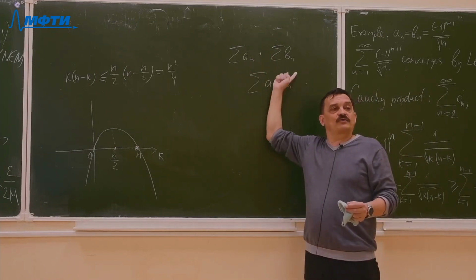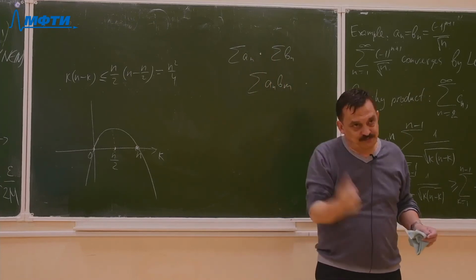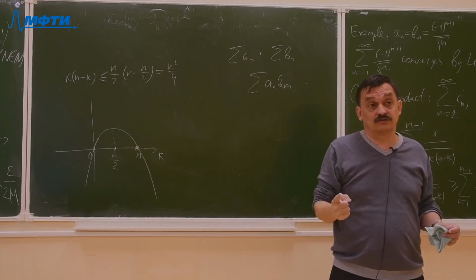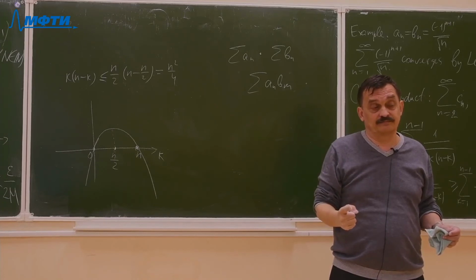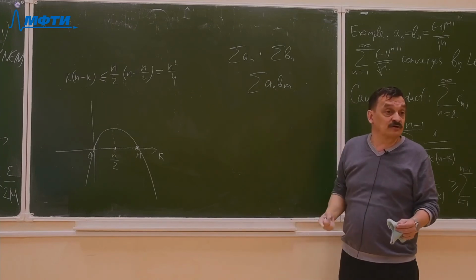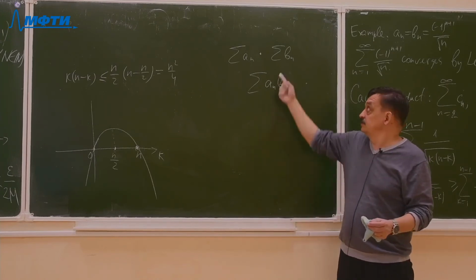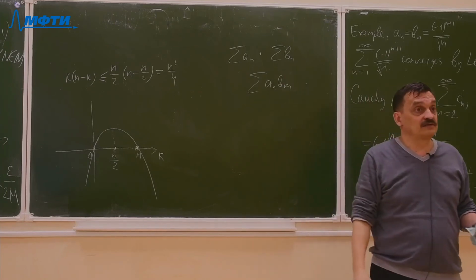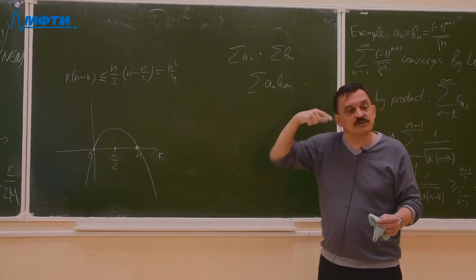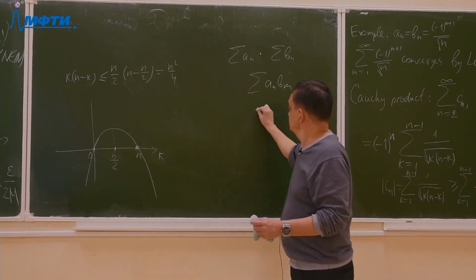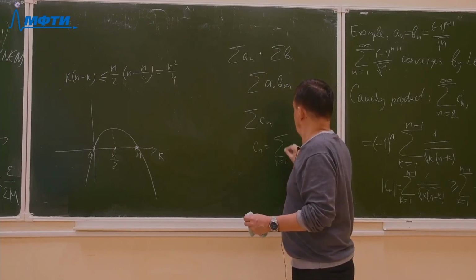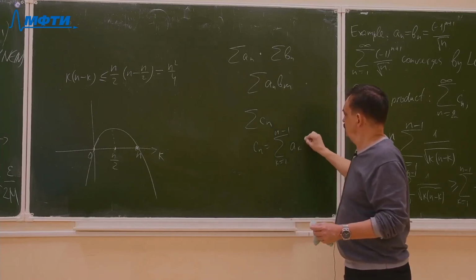Second case, precisely one of those series converges absolutely, another conditionally, right? Then, of course, you cannot guarantee arbitrary order, because even convergence of this series depends on the order. But you can consider the Cauchy product, C_n, k from 1 up to n minus 1, a_k b_{n minus k}.